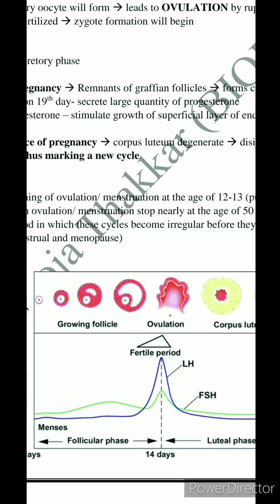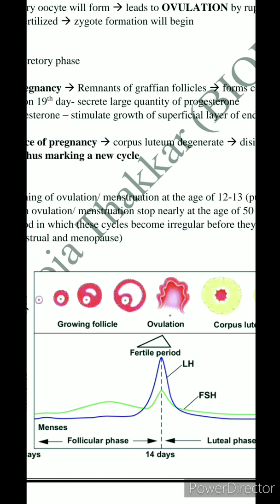That follicle will attach to the ovarian boundary, merge with it, and release the ready ovum, that is, the secondary oocyte. That process is termed ovulation, occurring typically at nearly 10 to 14 days of the overall cycle.